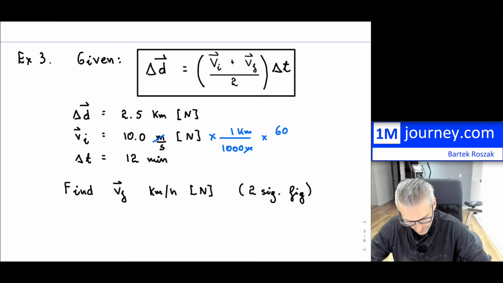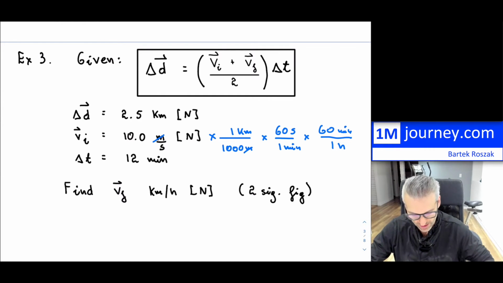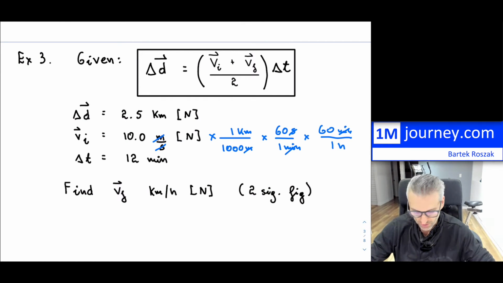We know that there are 60 seconds in 1 minute, and 60 minutes in 1 hour. This is the conversion that you would have to do. Notice the seconds will cancel with seconds, the minutes will cancel with minutes, and now you can compute what this exactly is.